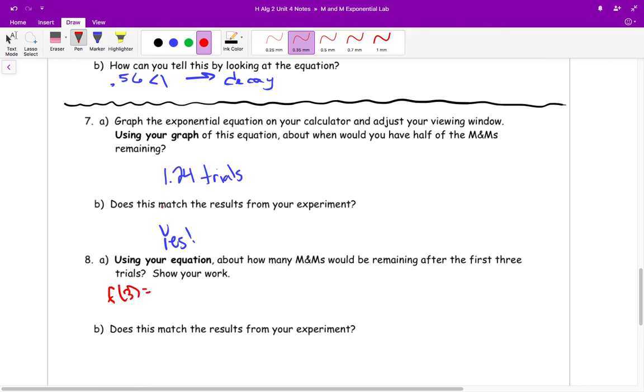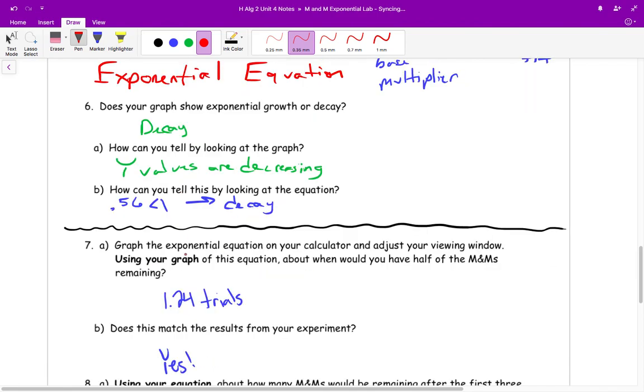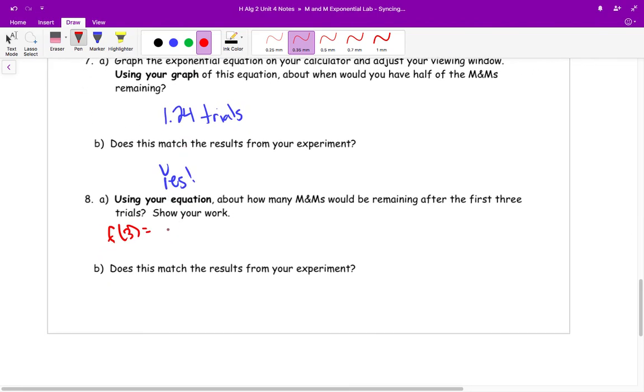In other words, your equation, you had 15.52 multiplied by 0.56, and we want to know after 3 trials how many will be left, so to the power of 3.